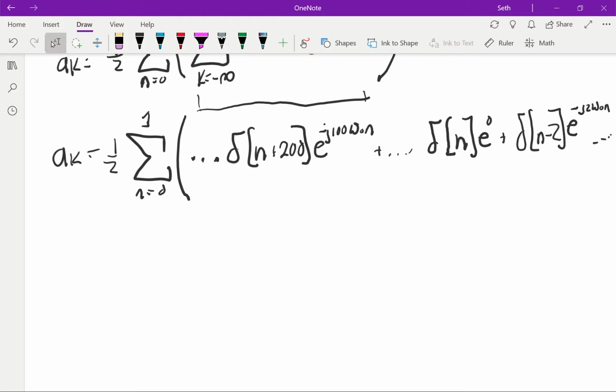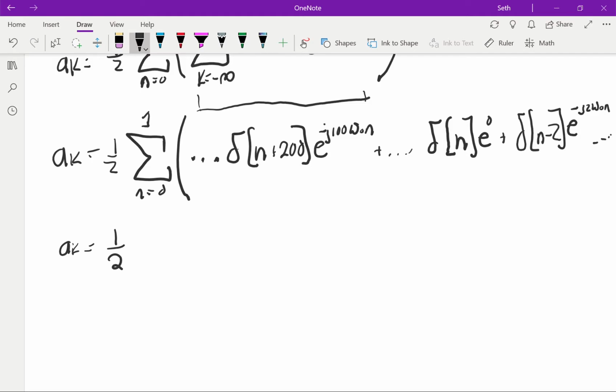So be careful here, because there are plenty of places you can make mistakes, and small mistakes crash rockets into planets, so we want to avoid those.